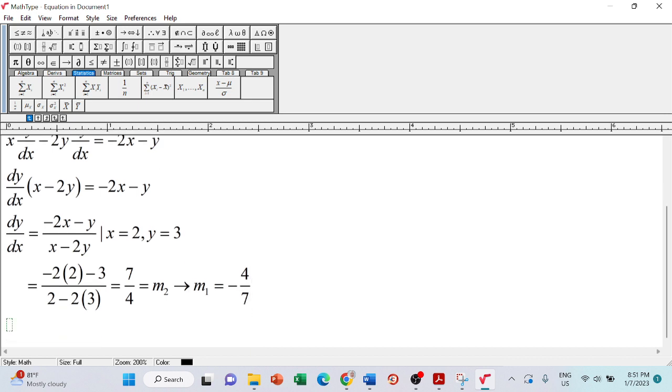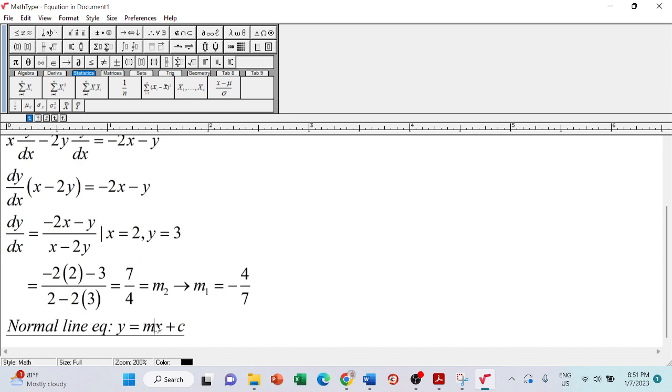Okay, so we will use the straight line equation from earlier, y equal to mx plus c. Now we want to find the equation for the normal line, the normal line equation.